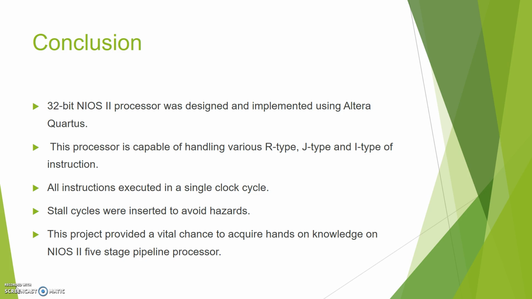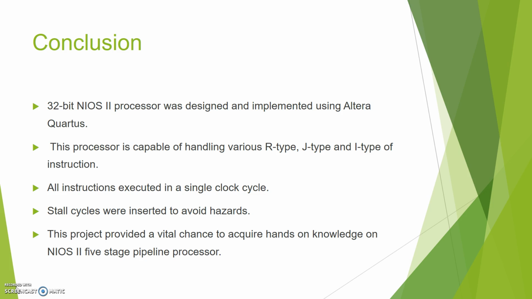Now we move on to the conclusion. The conclusion is as follows. The 32-bit Nios 2 processor was designed and implemented using Altera Cortex. This processor has the capacity of handling various R-type, J-type and I-type instructions.